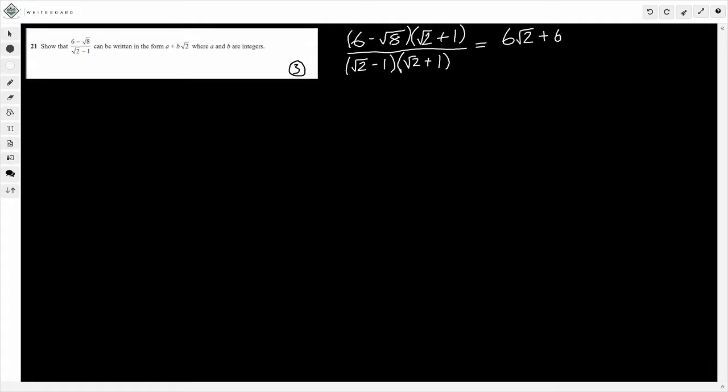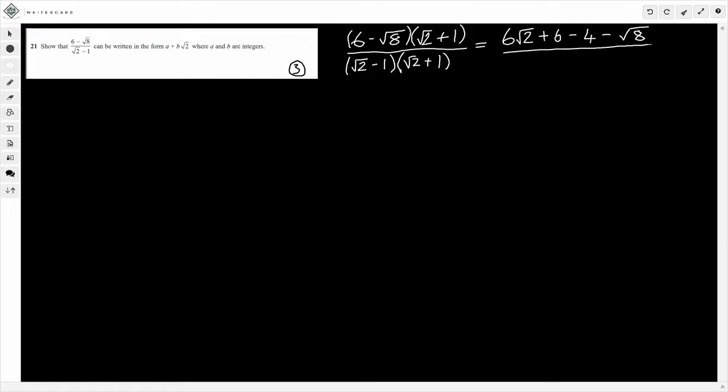Next the inside, minus root 8 times root 2, gives minus root 16, but root 16 is just 4, so we can skip that step and put minus 4. And finally, minus root 8 times 1 gives minus root 8. So that's the numerator done.